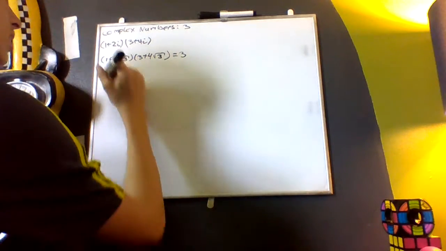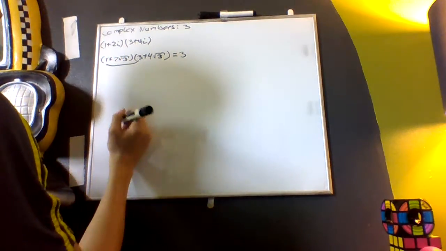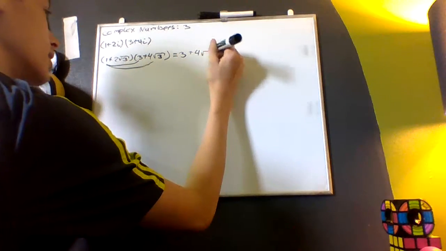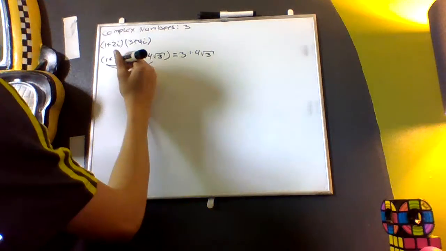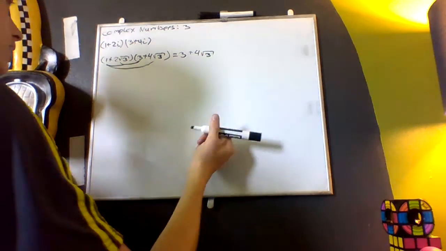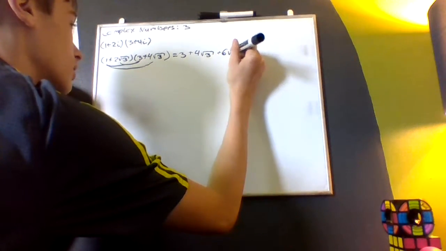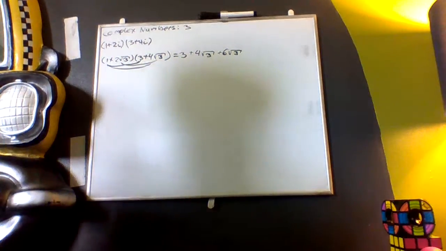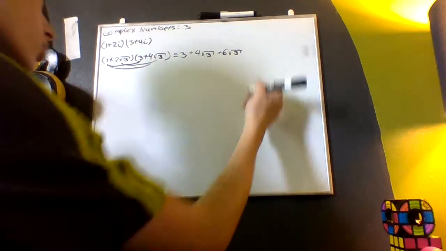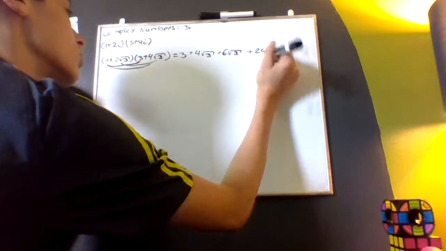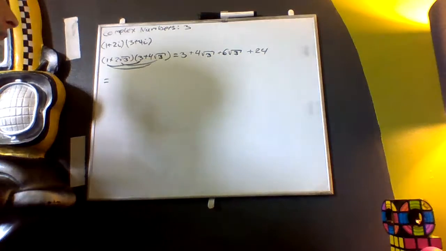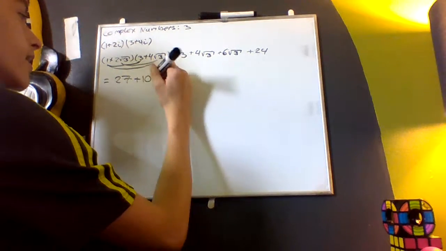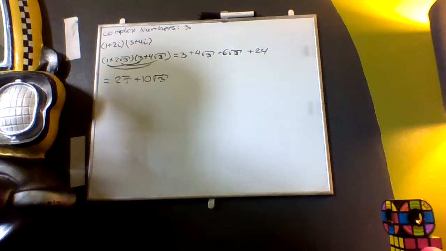You can FOIL it, right? 1 times 3 is 3. 1 times 4 is 4 rad 3. 2 rad 3 times 3 is 6 rad 3. And then 2 rad 3 times 4 rad 3 is going to be 8 times 3, which is 24, which is then going to give us 27 plus 10 rad 3.